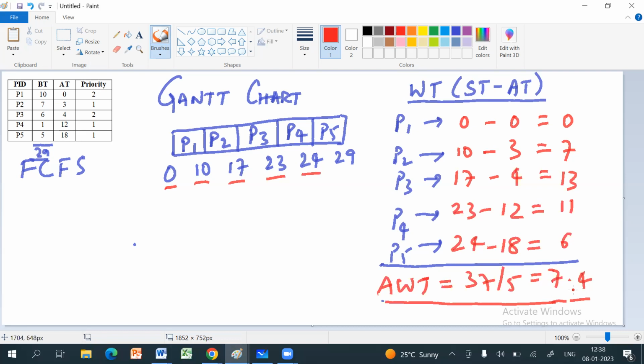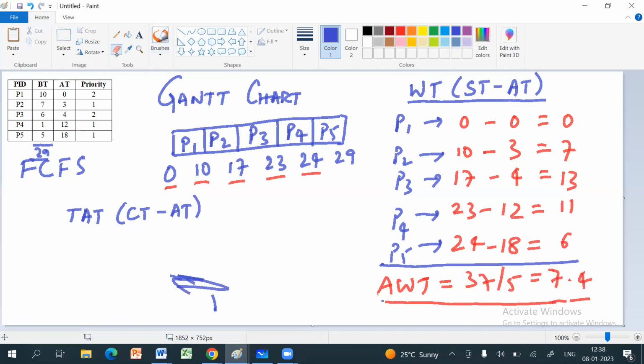Okay. Now let's try to calculate the average turnaround time. Now, what is turnaround time? Let me quickly change the brush here. Okay. So turnaround time can be computed using another simple formula: completion time minus the arrival time.